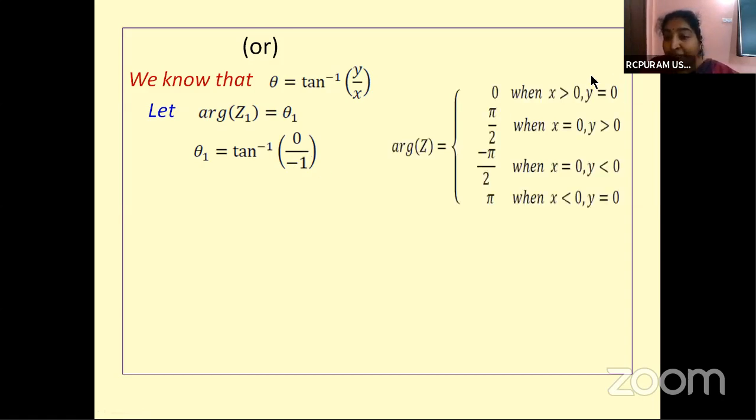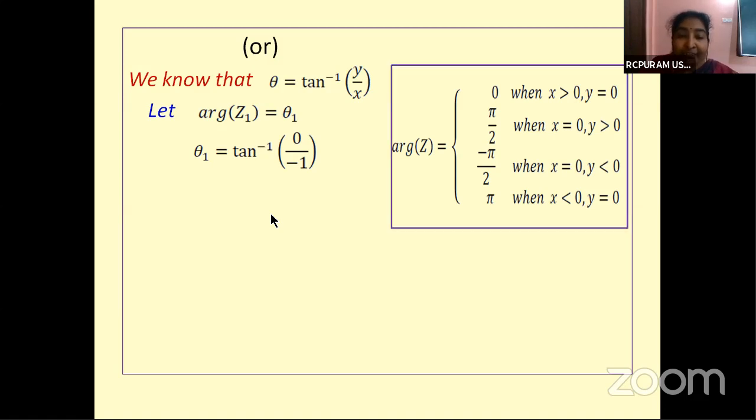We have one condition I was mentioning to make our problems easy. Look at this, your y is 0 and x is less than 0. When you have this type of condition, directly you can say theta 1 is nothing but pi.